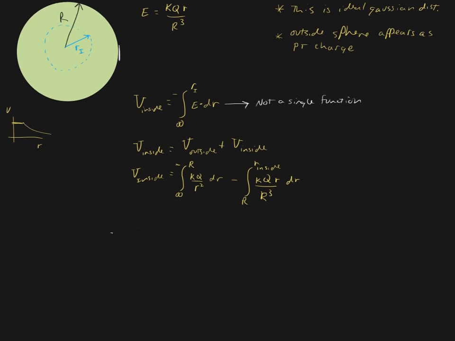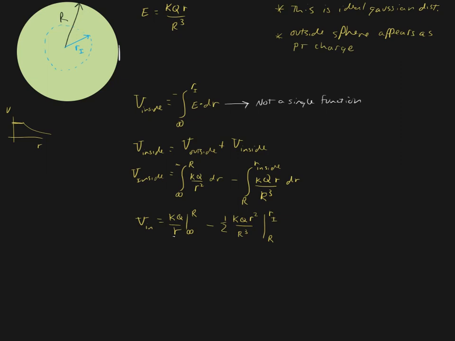Okay, so let's continue on, because now we just have to finish working through the details of the integration. So the potential inside is equal to kQ over r evaluated from infinity to capital R, minus 1/2 kQ little r squared over capital R cubed, and that will be evaluated from the outside surface R to r inner when we're on the inside.